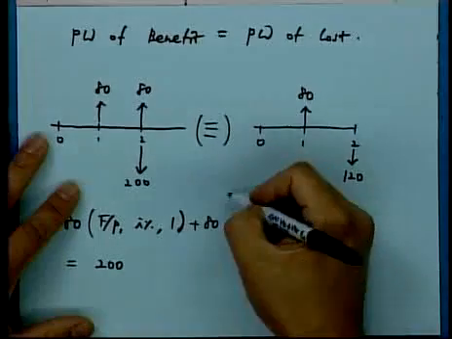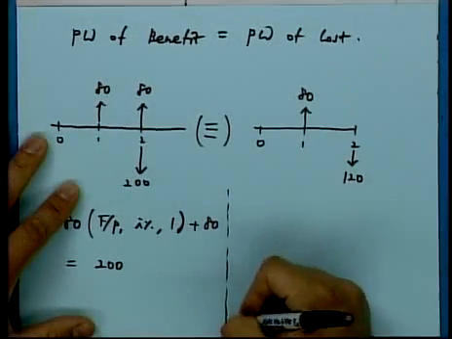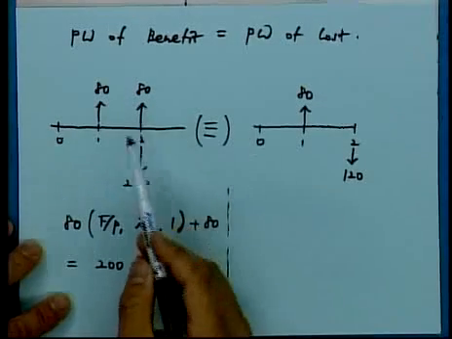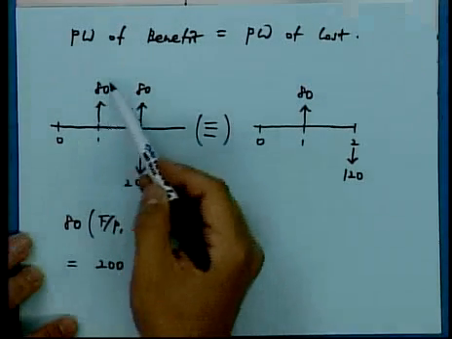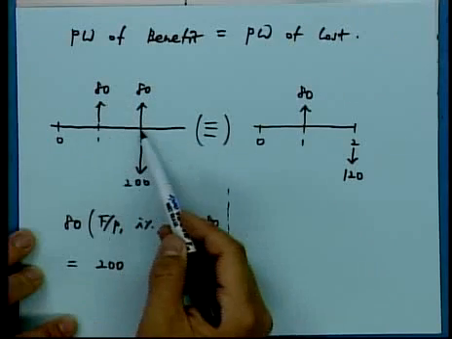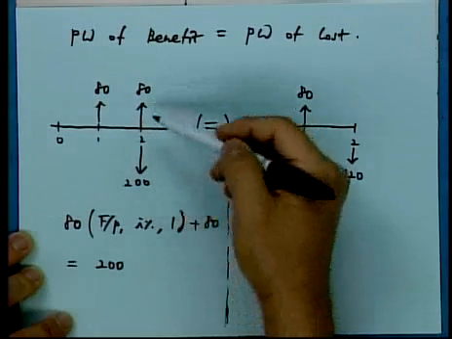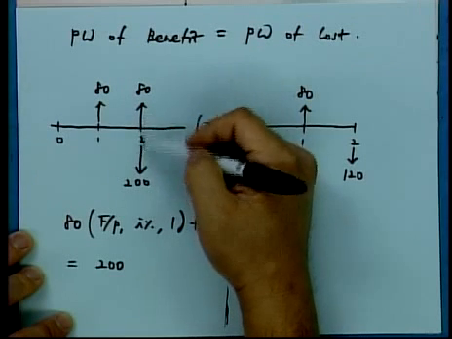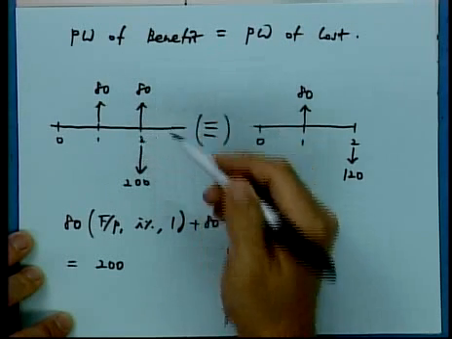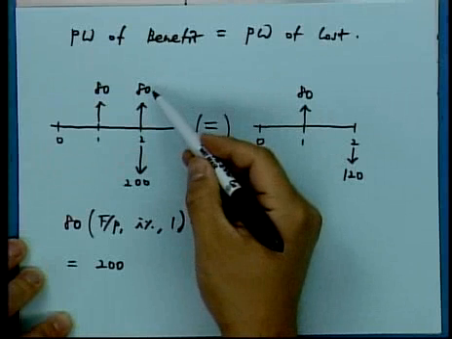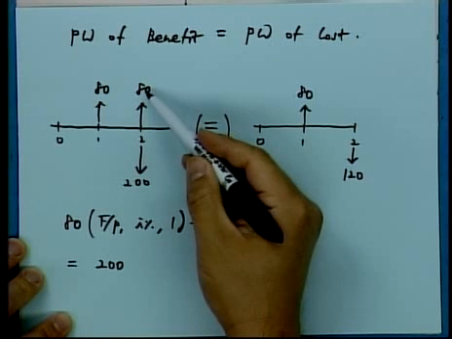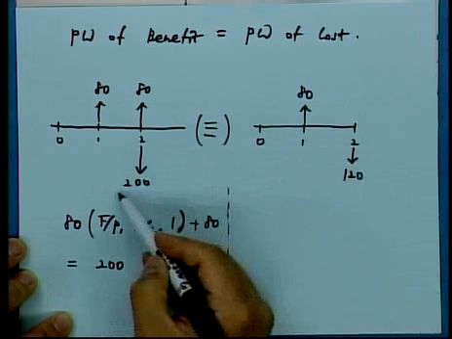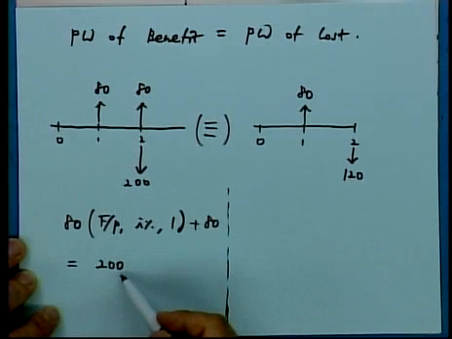Okay, because at this time what I did is convert this 80 to the equivalent future sum at the end of period 2. Then you can simply add this number, and on the other side you will have just 200.